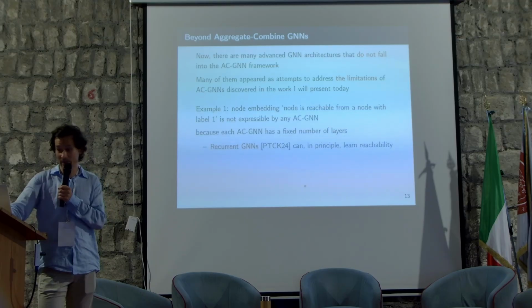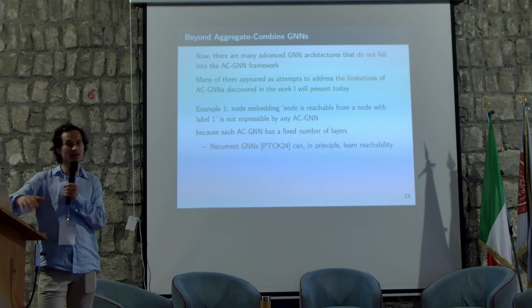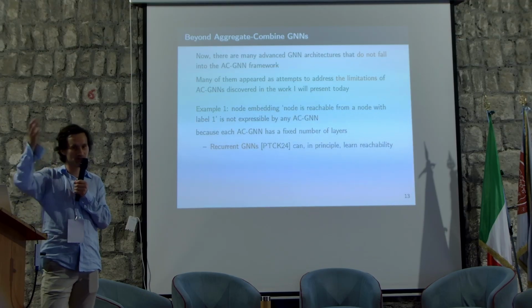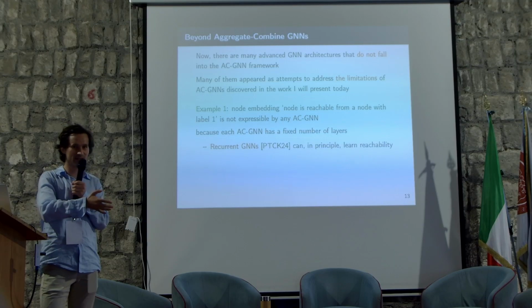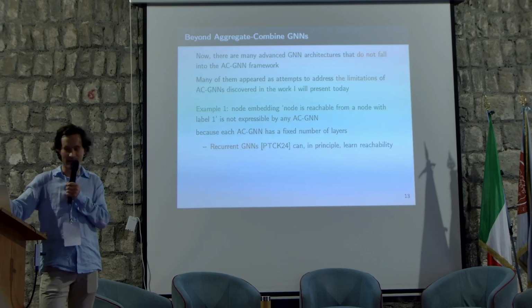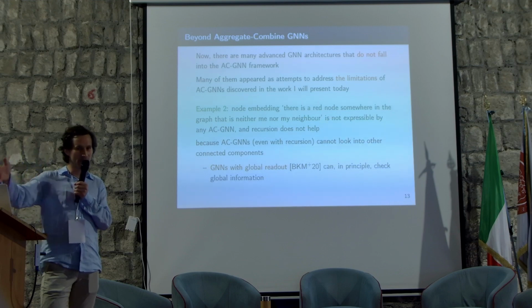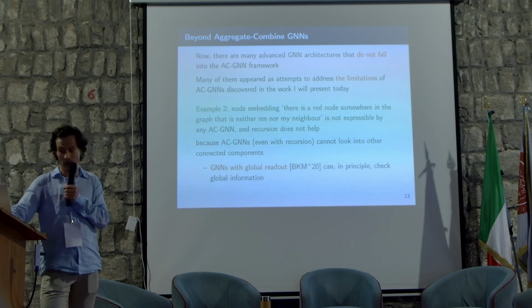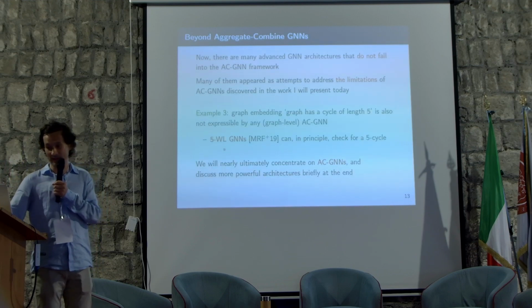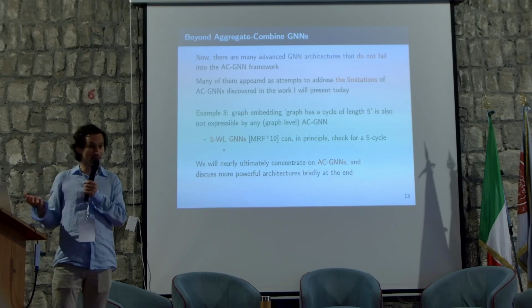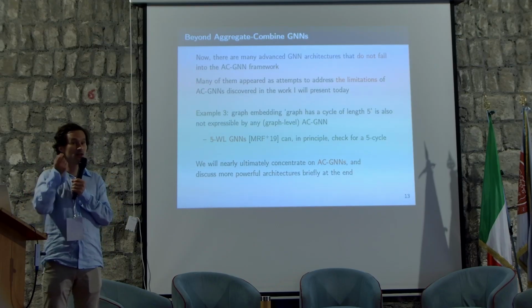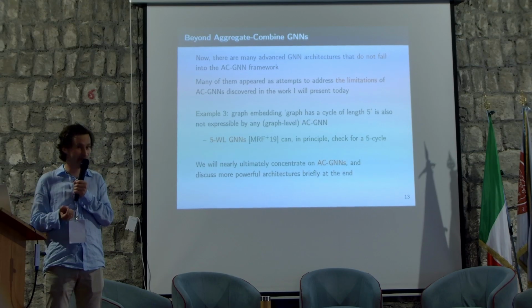Basically, for the first example, there are generalizations of the general architecture I presented in the beginning which can do it, like recurrent GNNs. Same here, GNNs with global readout can look in other connected components. Another example is that GNNs can't recognize cycles. They can't check whether a node is on a cycle of length 5.